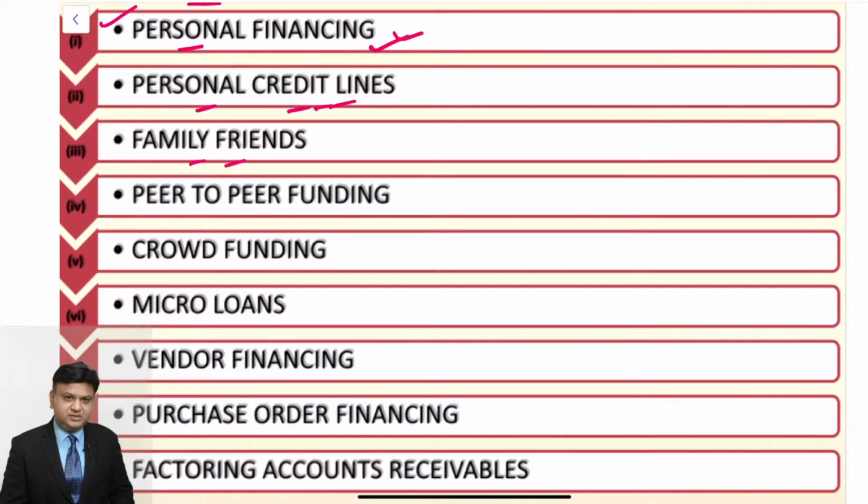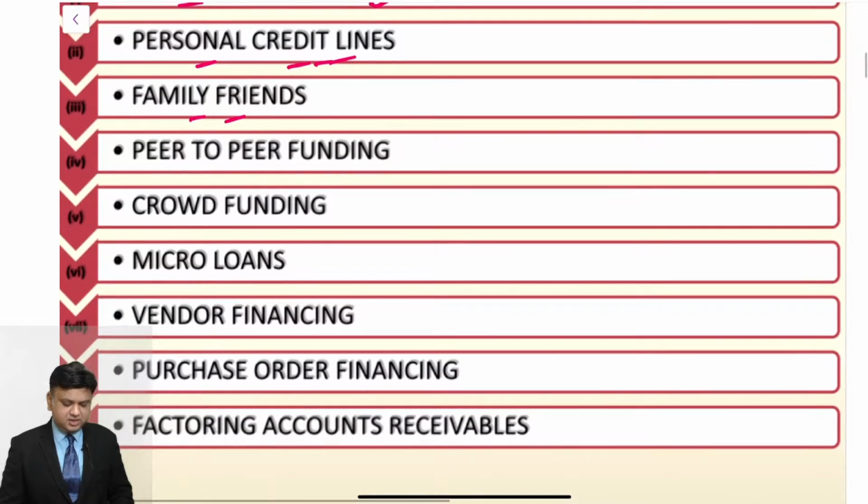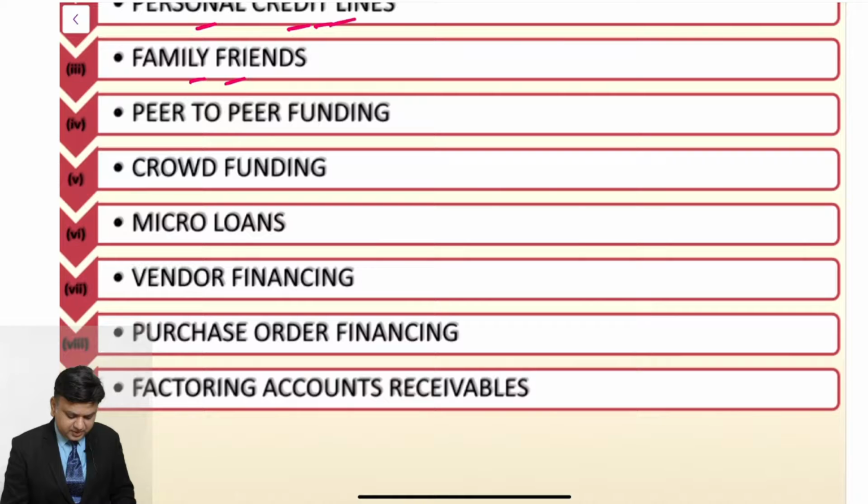Family and friends, that's very simple. Your uncle, your father, anybody who will finance your business, your friends. Peer-to-peer lending. This is really a very good and innovative method of financing. We know concepts like Uber and Zomato, in which Uber is only an intermediary.